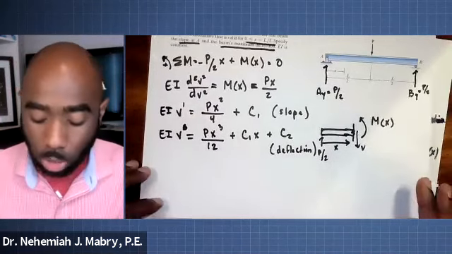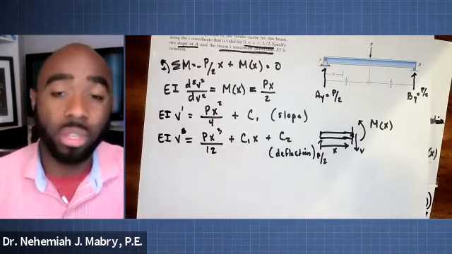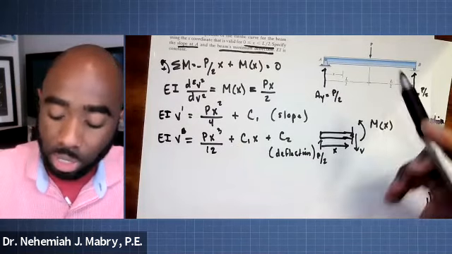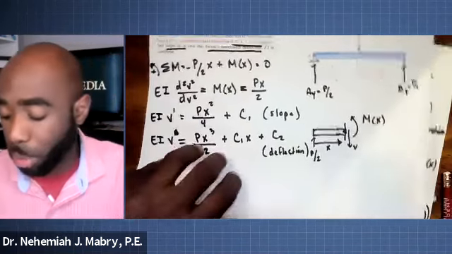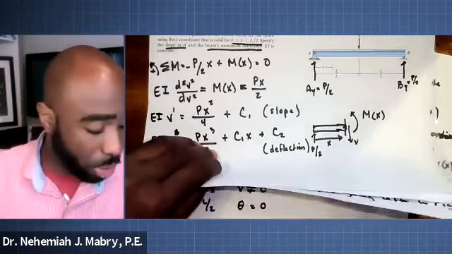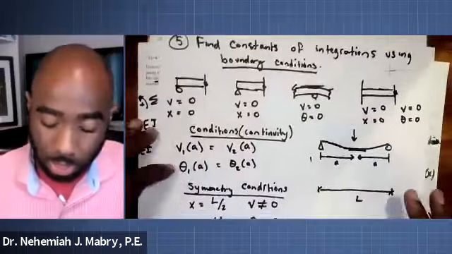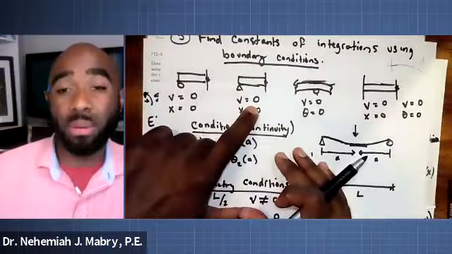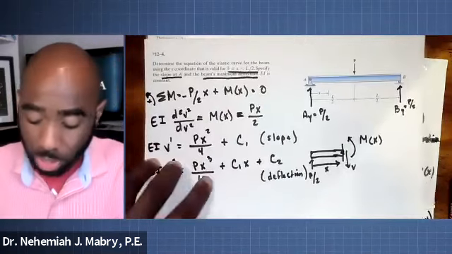So now what do we do? In order to get these constants C1 and C2, we're going to have to use a boundary condition that is true for this part of the equation. Well, what do we remember about our boundary conditions in this part of the beam? Well, we know that for a pin, v equals 0 when X equals 0. And that's what we can work with here.